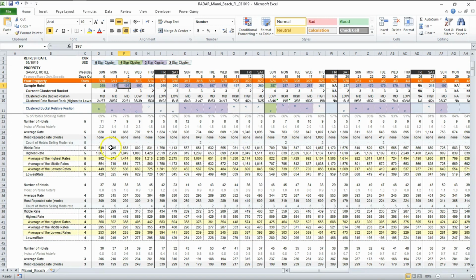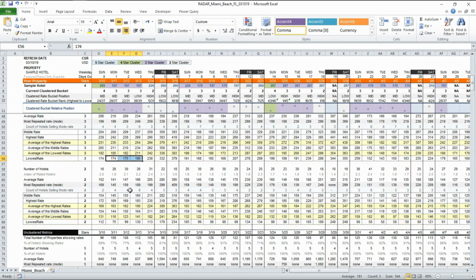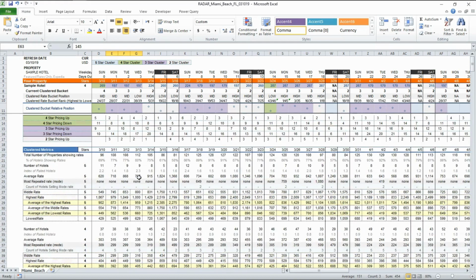The result, and probably unknown to the revenue manager, is that this hotel's rates have drifted into a lower range within the same bucket. If that is intentional, then the revenue manager has done a great job. But if it is not, then this radar report has highlighted that the hotel rates might be cheaper than the revenue manager intended.